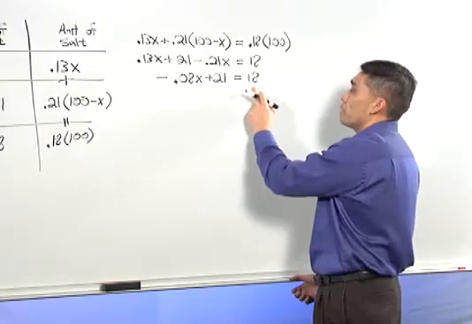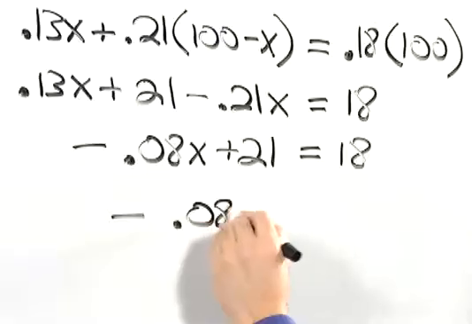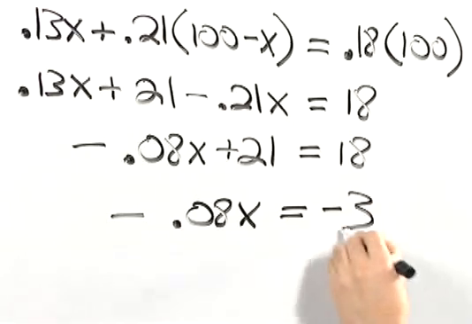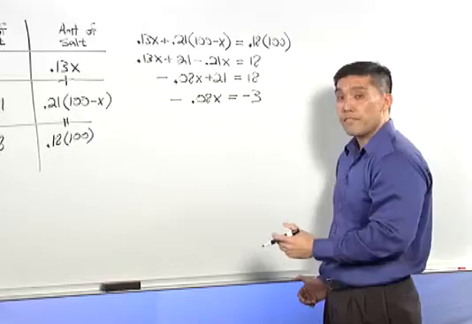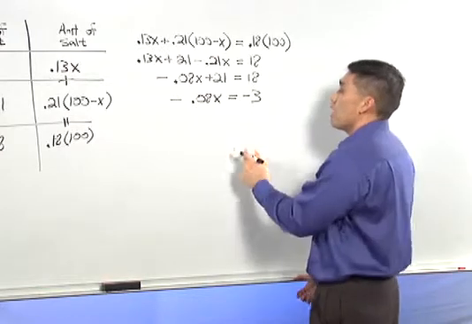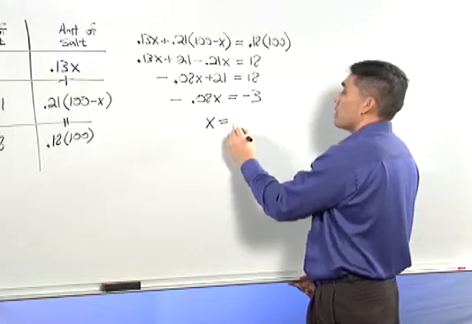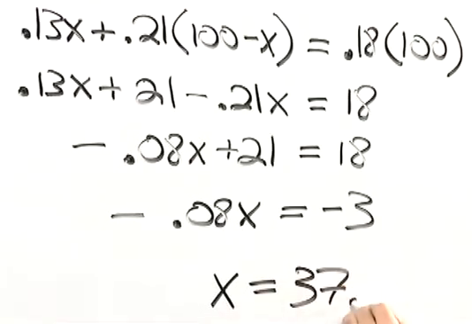Subtracting 21 from both sides of the equation, negative 0.08x equals negative 3. And finally, let's divide both sides by negative 0.08. When we divide both sides by negative 0.08, we end up with x equals 37.5.